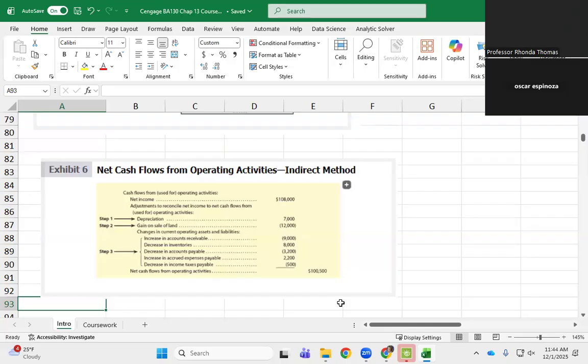So the first thing, most businesses have fixed assets, furniture, automobiles, buildings, equipment, software. Okay, they're going to have depreciation. So the first thing we do is we add depreciation. I don't know of any business that doesn't have depreciation of some sort.